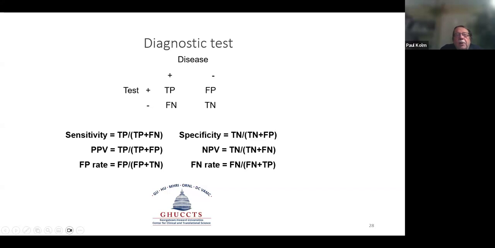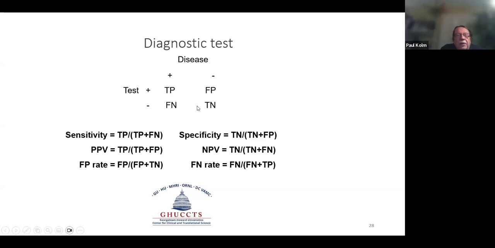The values that are particularly of interest are the positive predictive value and the negative predictive value. A positive predictive value means that if the test is positive, what is the probability that the person actually has the disease? That value is the true positives divided by the sum of the true positives and the false positives.